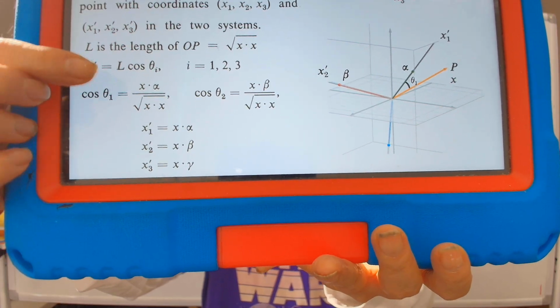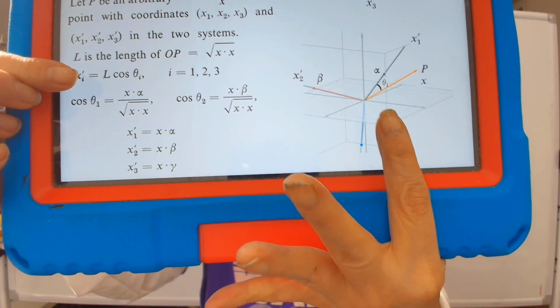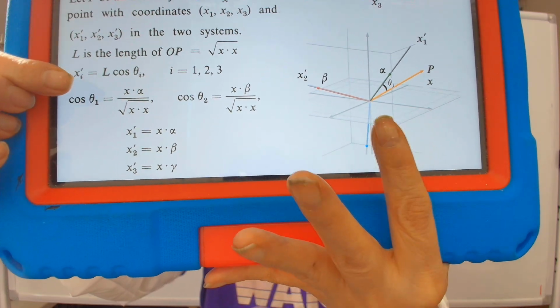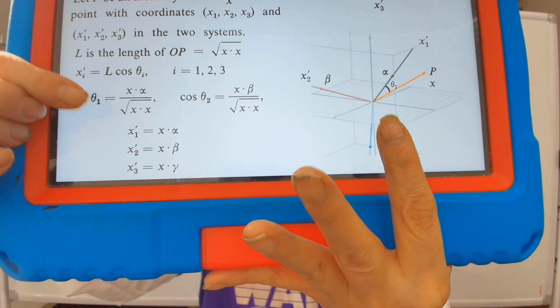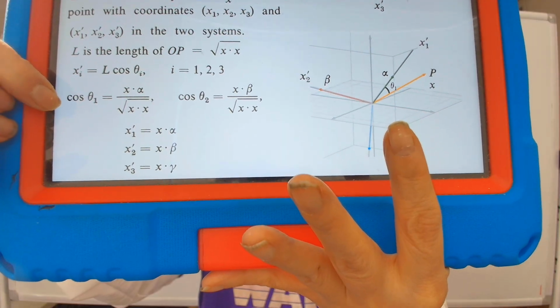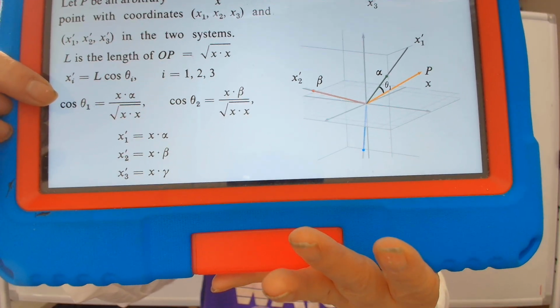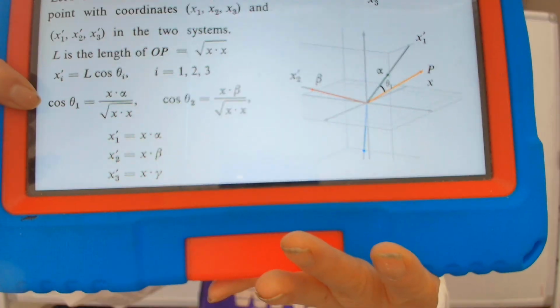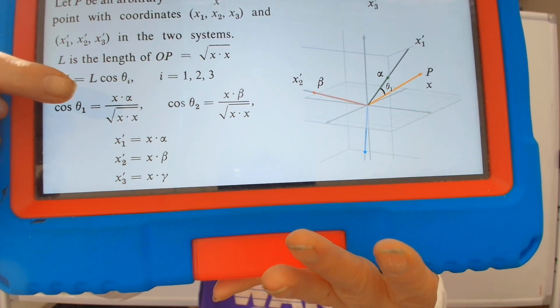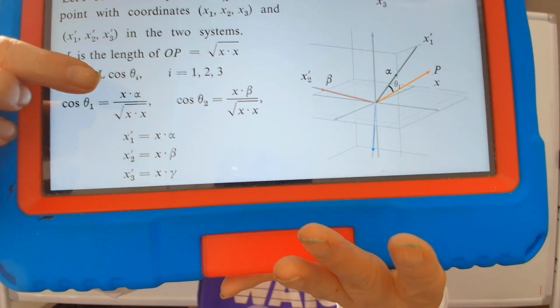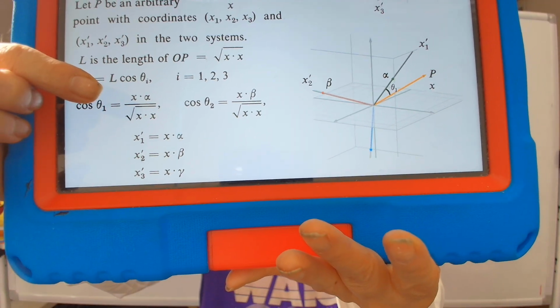What is cosine theta 1 right here? Cosine theta 1 is x dot alpha divided by their magnitudes, because that is the formula for the cosine: the two vectors that form the angle, divided by the magnitudes of the two vectors. And the magnitude of alpha is just 1.